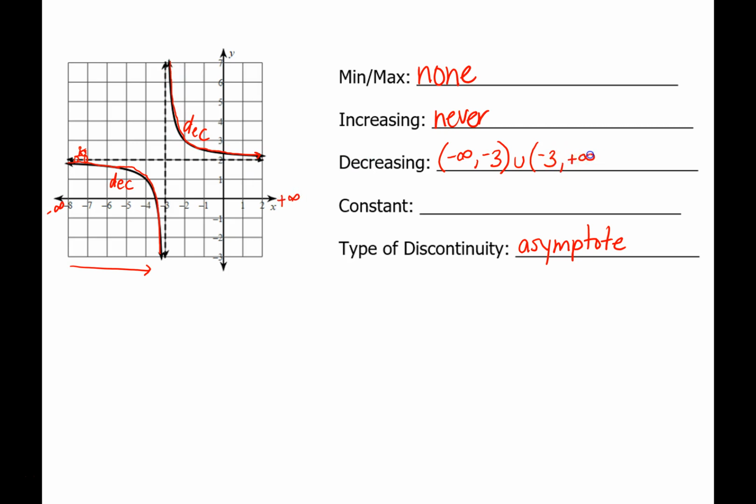It continues to decrease. Now, it does get kind of weird when we get to this asymptote, but that's a y value, so we're not going to worry about that just yet. Range for this one would be the challenging piece if I was asking you for domain and range. Okay, so then constant, I didn't label anything as constant, so I'm going to put never here. And that answers all of my questions.